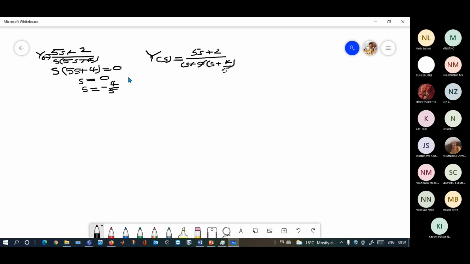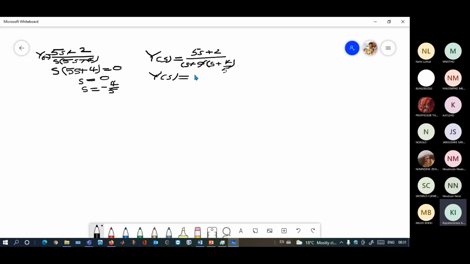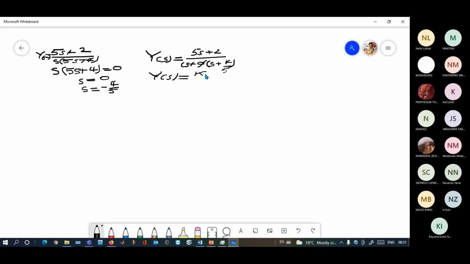So we can have now y of s equal to k1 over s plus k2 over s plus 4 over 5. Okay.